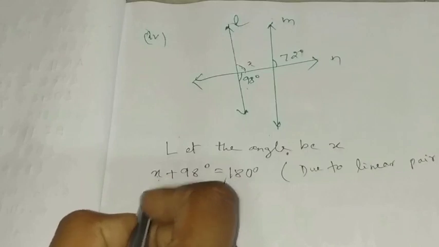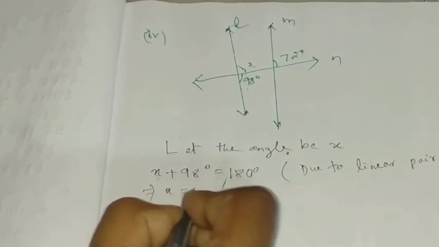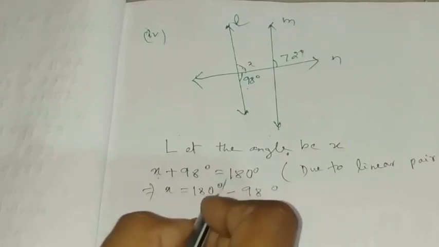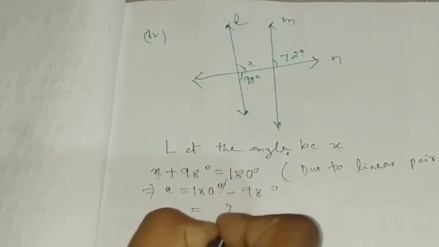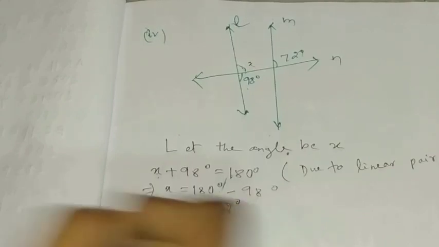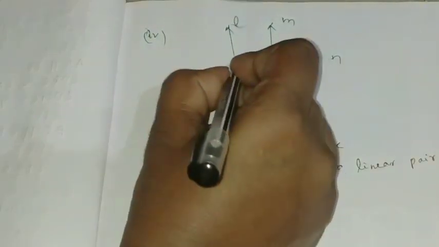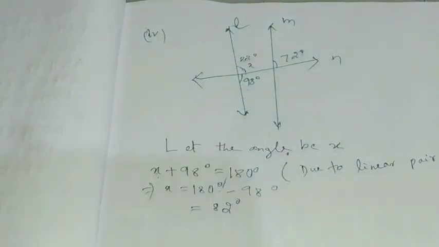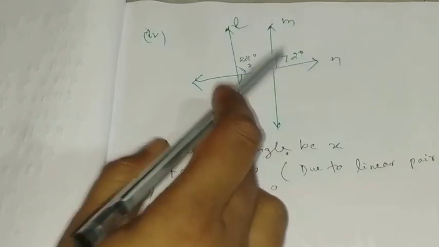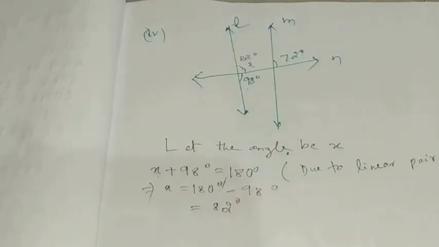So we can find x equals 180 degrees minus 98 degrees. So the answer is what? 8 to 10, 9, 8, 17. So x is how much? 82 degrees.